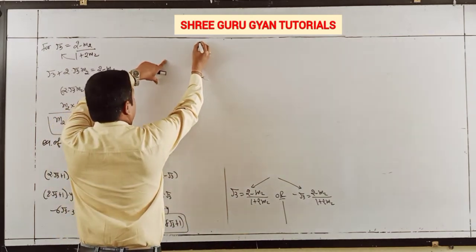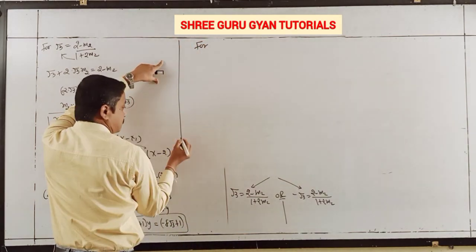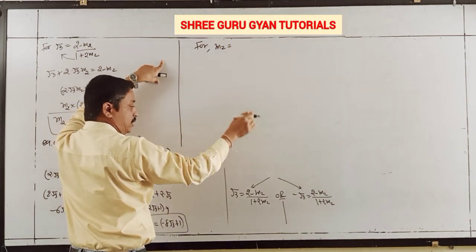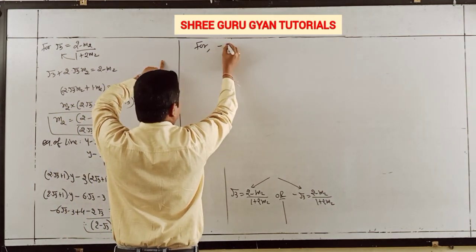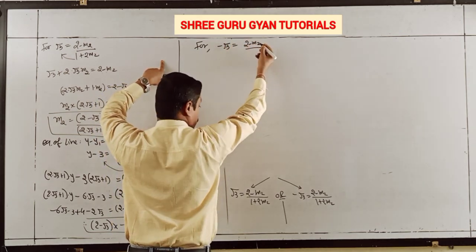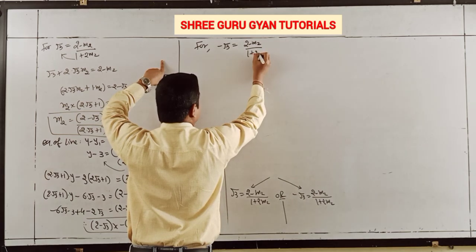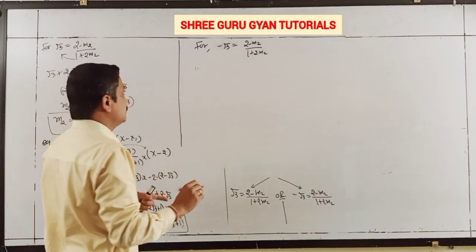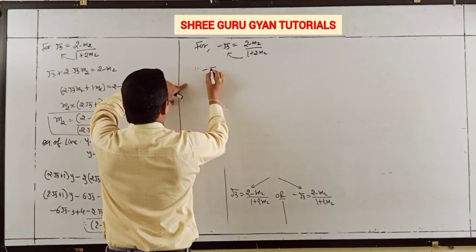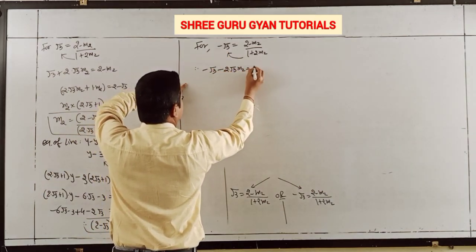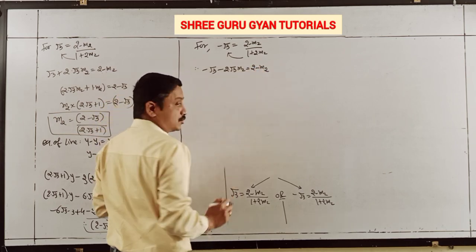Now m2 is again, you can take, minus root 3 equals (2 minus m2) upon (1 plus 2 m2). Now students, make the cross multiply. So here I multiply the upper side: minus root 3 minus 2 root 3 m2 equals 2 minus m2.